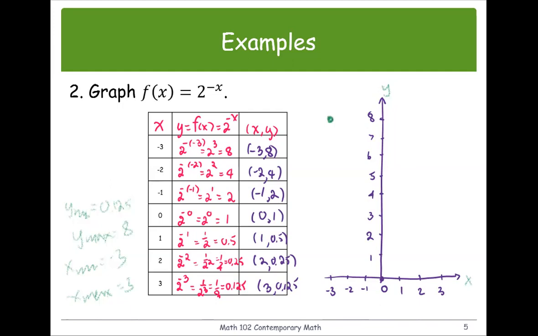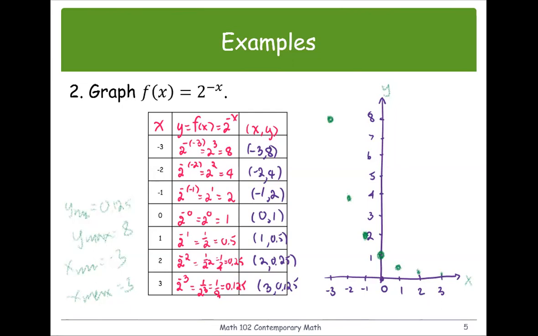And then the next one is -2, 4. And next, -1, 2, 0, 1, 1, 0.5, 2 and a quarter, and 3 and 1/8.